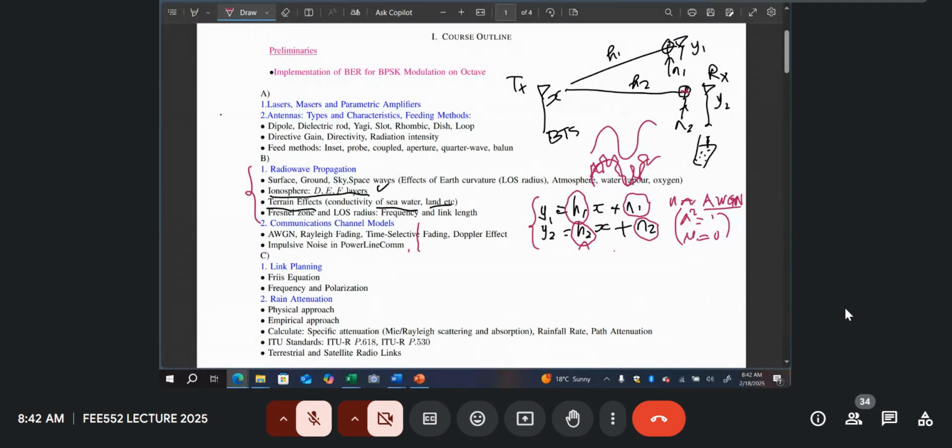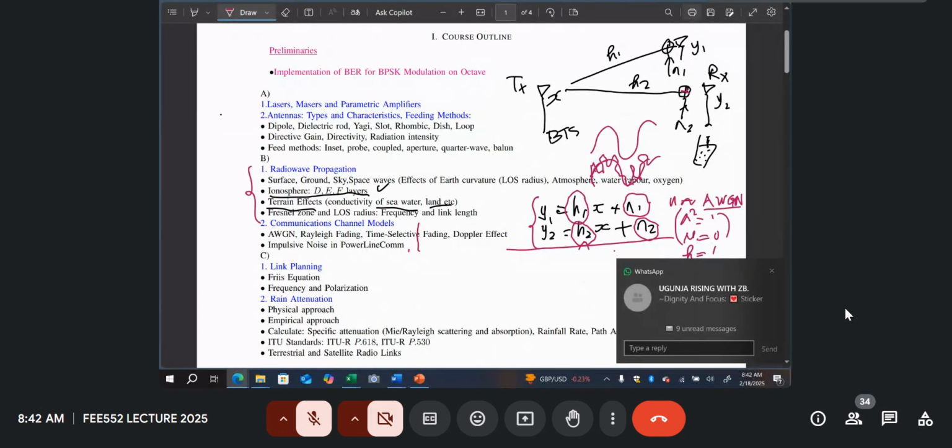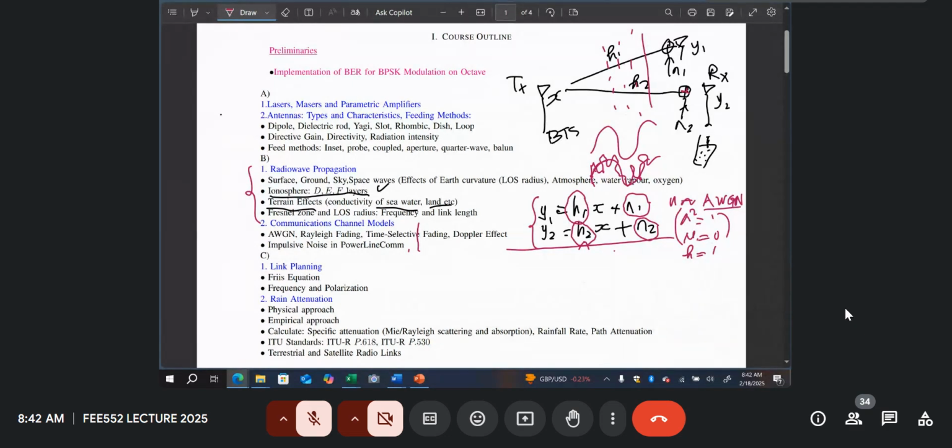But if H is equal to 1, this means the environment is just normal space with no interference. So we would say here initially there was rain. So we had H. But if it's clear air, we'll only be considering the earth curvature.